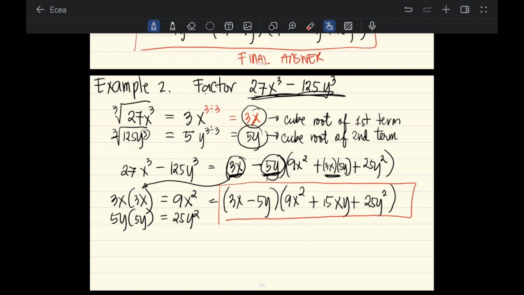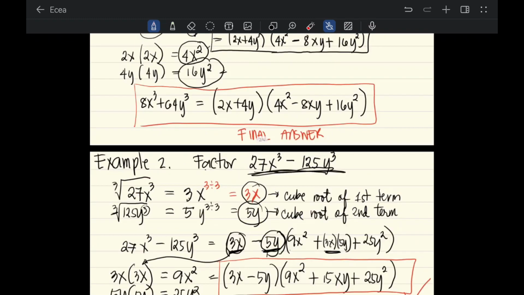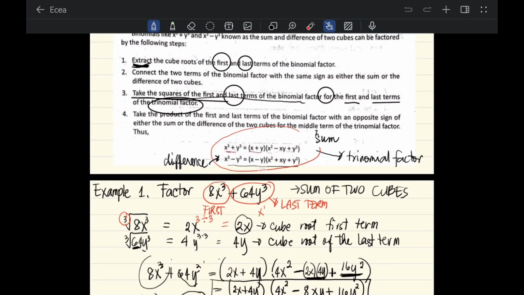These are the factors of 27x cubed minus 125y cubed. And this is correct. Ang key ra jud is i-follow ang kani.